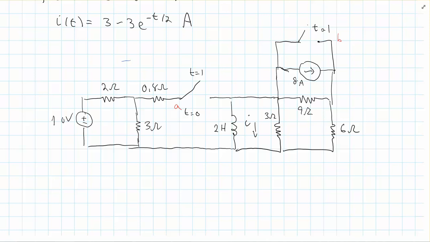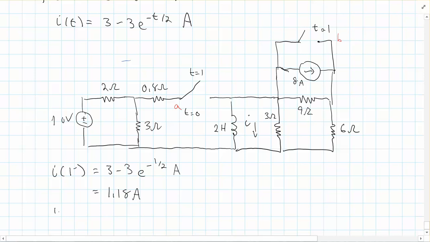So before we dive into any of this, we're first going to figure out what my i at 1 minus is. And we do that again by simply plugging into the equation here, 3 minus 3 e to the negative 1 over 2 amps, which if we do this computation, I'm going to do it real quickly on my calculator here, we get 1.18 amps.